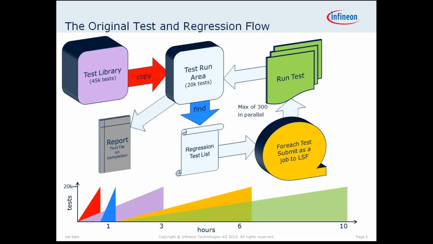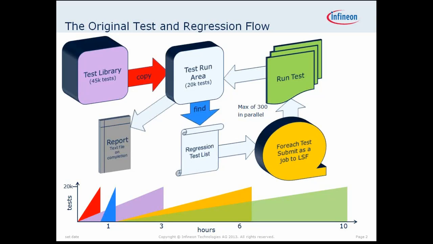Then from that run area, we had to find the list of tests that now existed there, and from there we created a test list. This find took another half an hour. So before we could even start running our regression, we'd spent an hour and a half maybe finding out which tests we actually needed to run at this particular point in time.